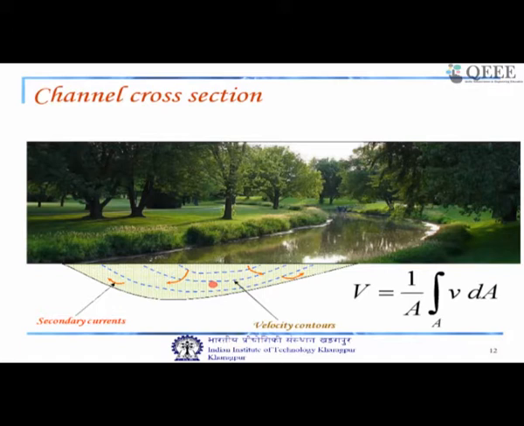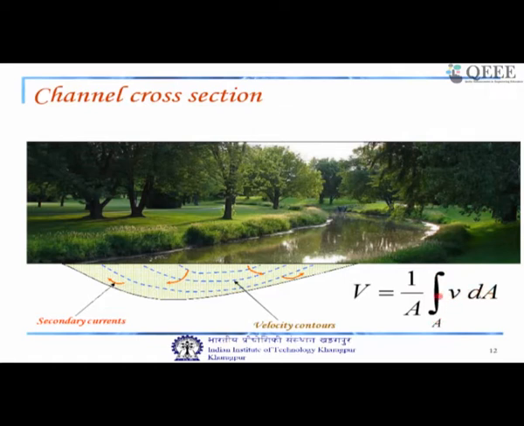From a theoretical perspective, near the boundary the velocity should be 0, and as it moves towards the central portion, the velocity will be maximum. The average velocity can be estimated with this formula, that is 1 by A times the integration of V dA.